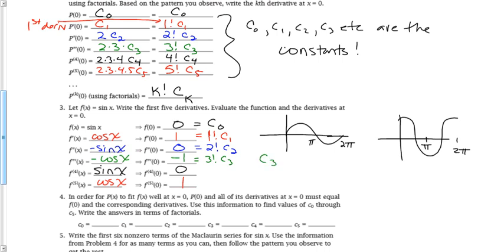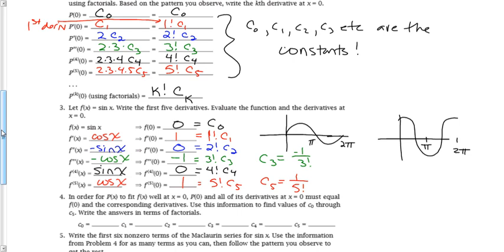C3 is equal to negative 1 over 3 factorial, and we're going to leave it just like that. This one, the fourth derivative, is equal to 4 factorial C4. That tells me C4 is 0. The next one is 5 factorial C5. That tells me that C sub 5 is equal to 1 over 5 factorial.